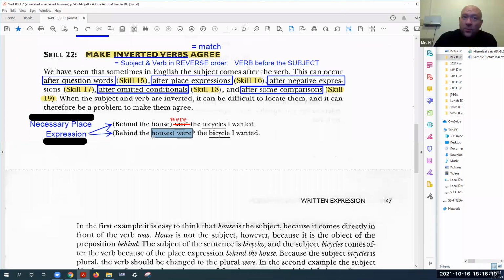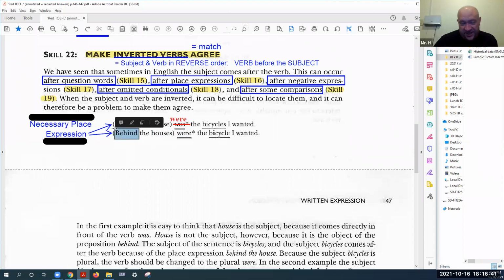But okay, how do I know that I should not match "were" to "houses"? Yes, Ahmed. I think because that's a place expression, not necessary information.